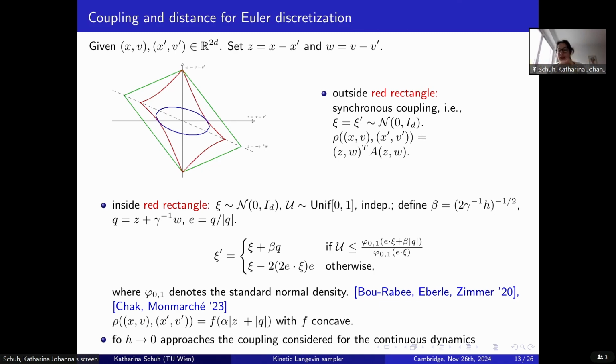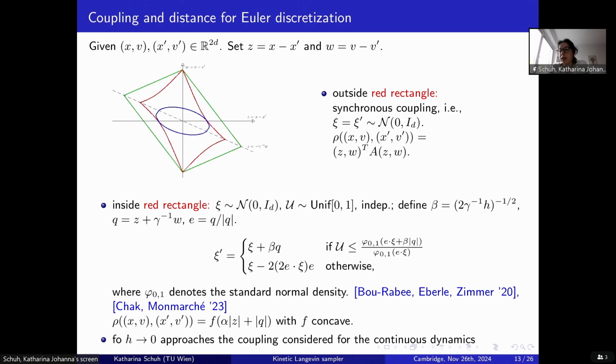And then the other way around, if we look now at small distances, as in the continuous setup, we look here now inside this green rectangle. We now do not take directly a reflection coupling, but we take this construction of a coupling here. The idea is that we first sample psi, then we also sample independently a uniformly distributed random variable u.